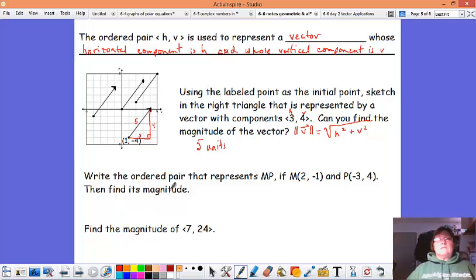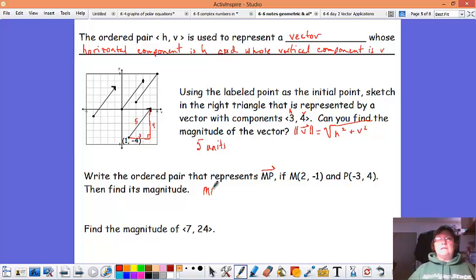We're asked next to write the ordered pair that represents vector MP. I didn't get the vector symbol drawn on there before. Now notice we're talking point here because we've got parentheses, not the little dart things. So we want to write the ordered pair that represents this vector from M to P, and then find its magnitude.